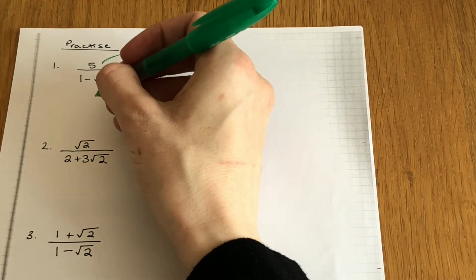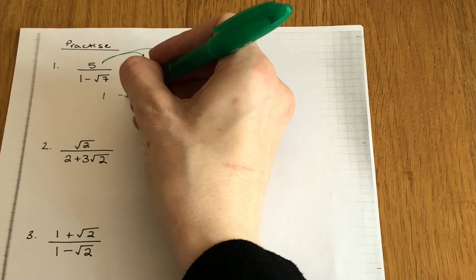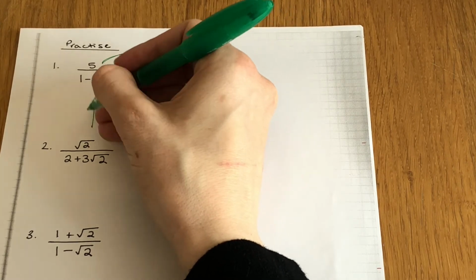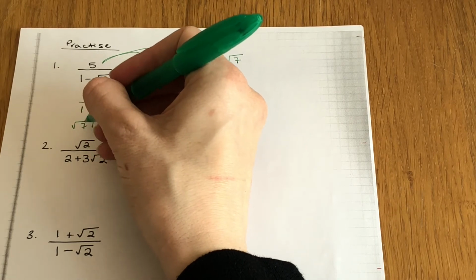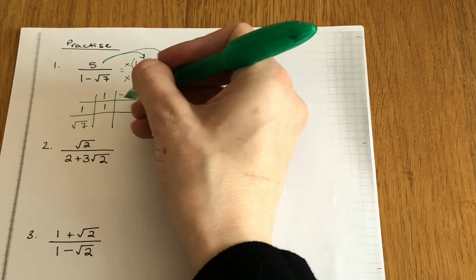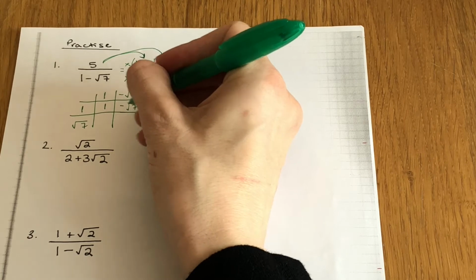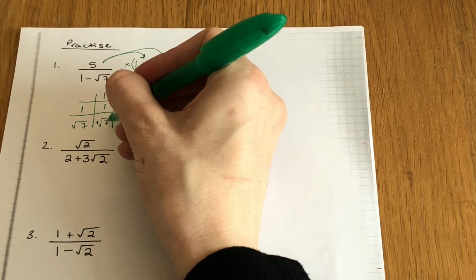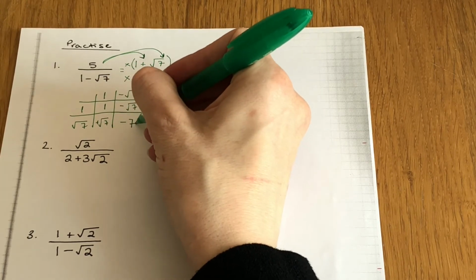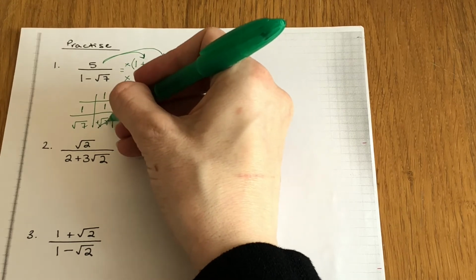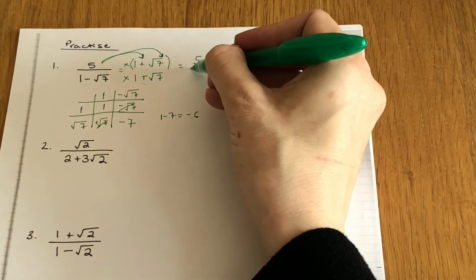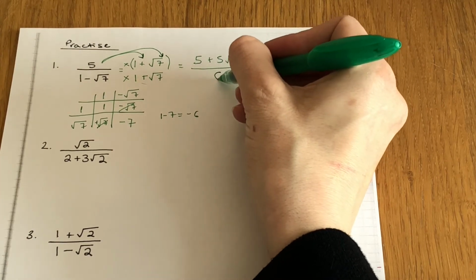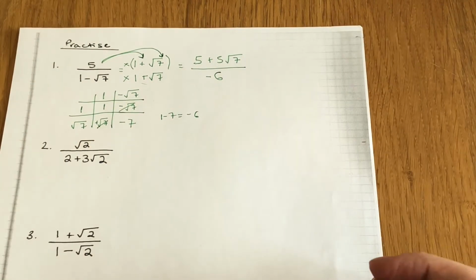Bottom bit, if you draw out your grid, you get 1 minus root 7, 1 plus root 7. So I get 1 minus root 7 plus root 7 and minus 7. These will cancel out. 1 minus 7 is minus 6. So you get all of that over minus 6.